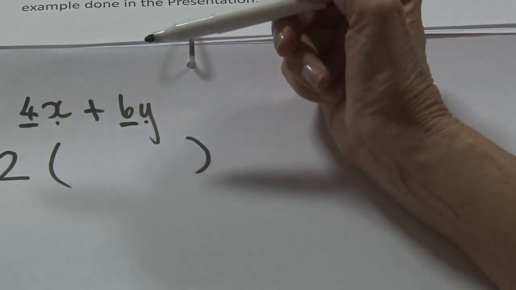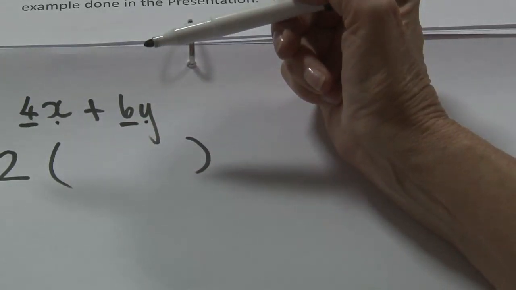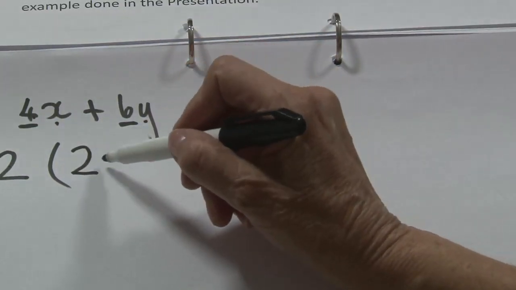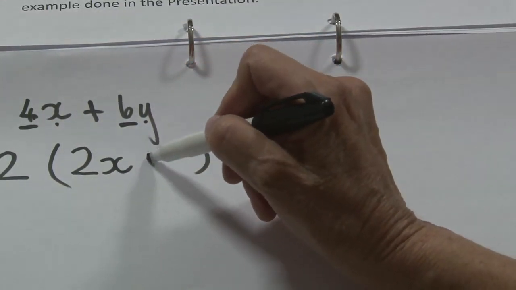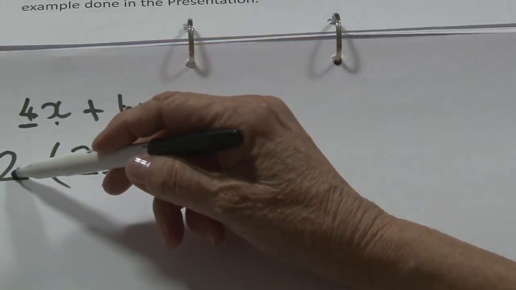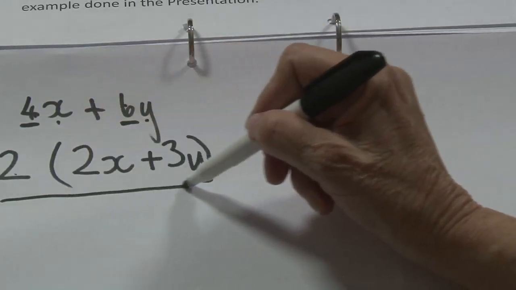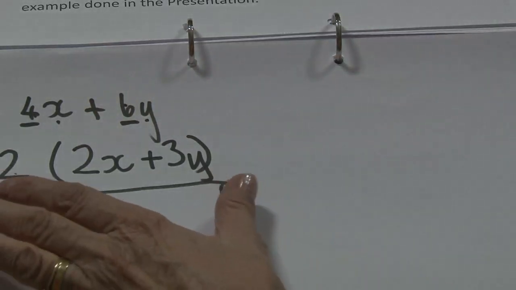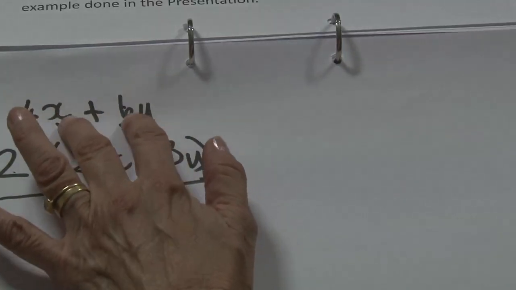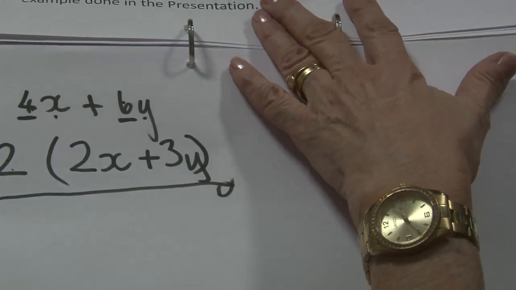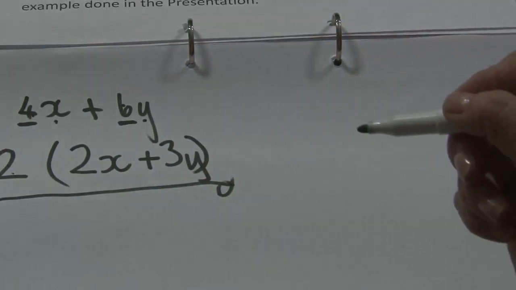It's x and y, so they are not common. So 4 divided by 2 gives me 2, the x stays there, plus 6 divided by 2 gives me 3, and the y stays there. This expression is factorized.